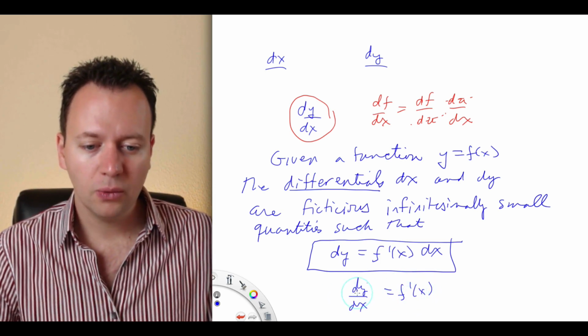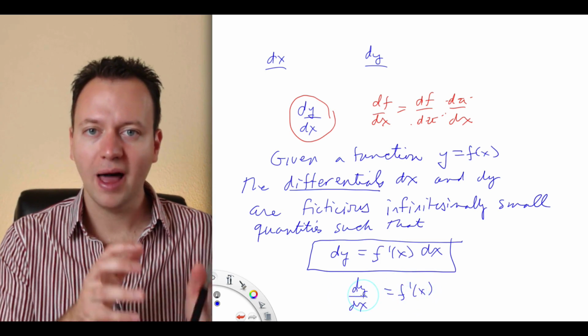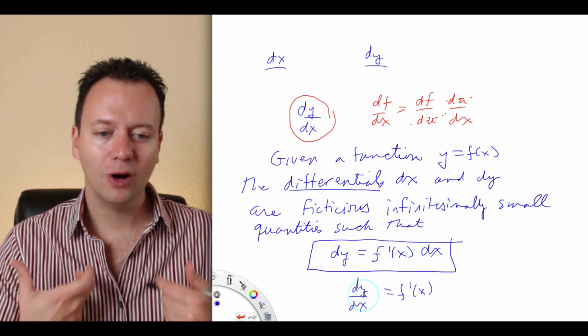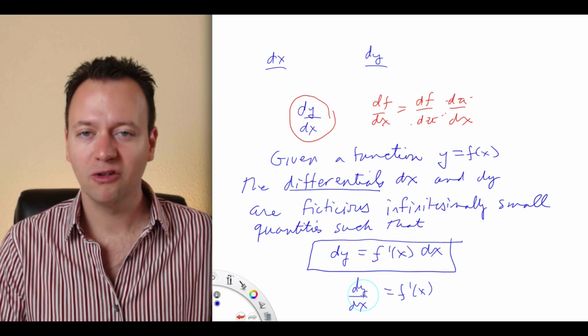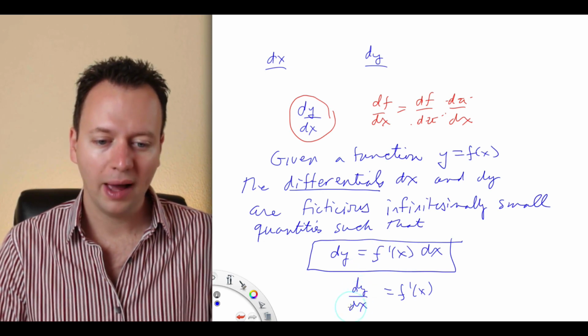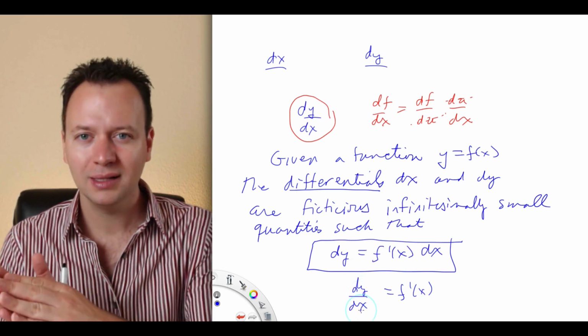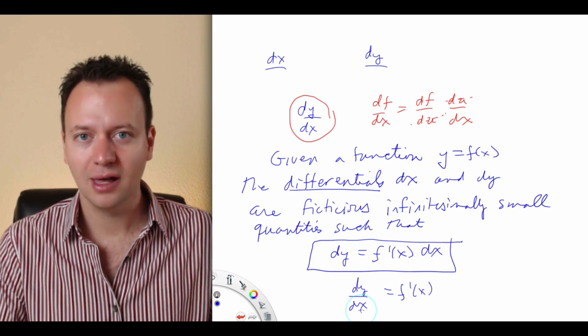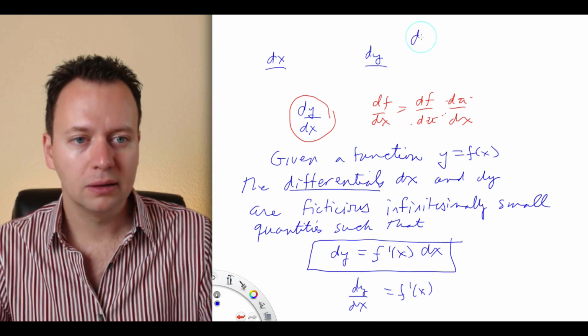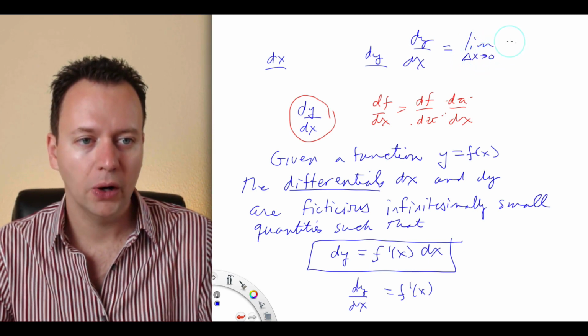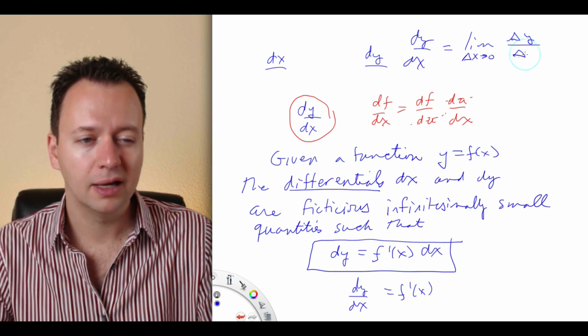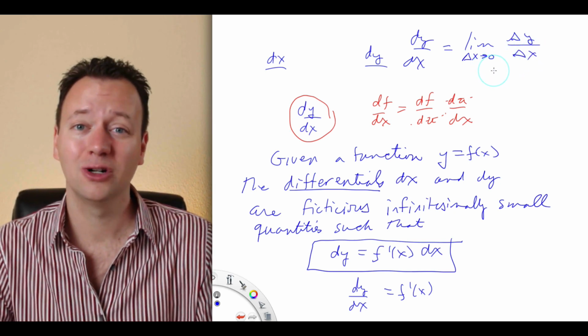So even though dy dx is its own cement block thing, differentials come into being by doing a little bit of make-believe. What happens if dy and dx are just really small quantities and I kick the dx over to the other side? After all, dy dx can be viewed as the limit as delta x goes to 0 of delta y over delta x. That's really what the limit definition of the derivative is.